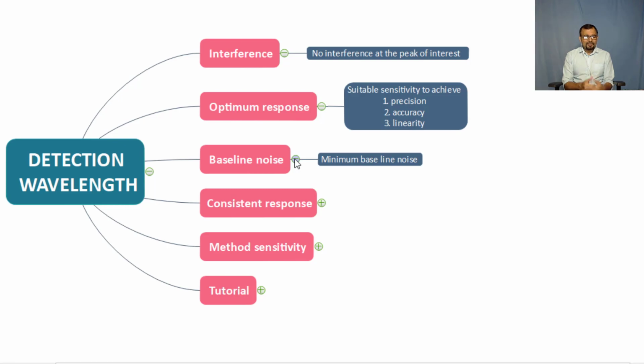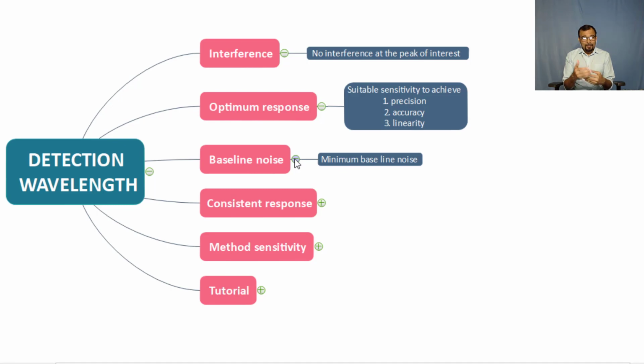The third point is the baseline noise. You may have a sufficient or very good response for the peak of interest, but also look at the baseline noise. Does the baseline give a huge amount of noise at the selected wavelength? The noise may come from the solvent, the mobile phase that you are using.